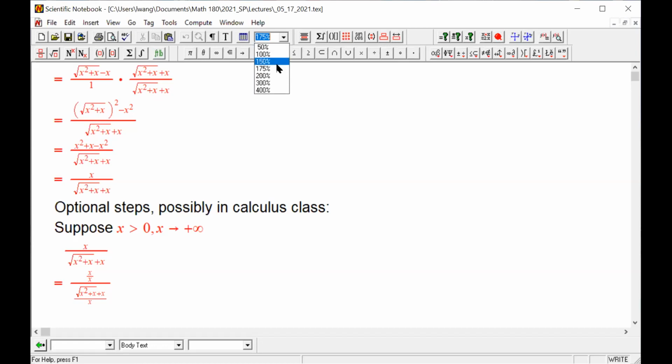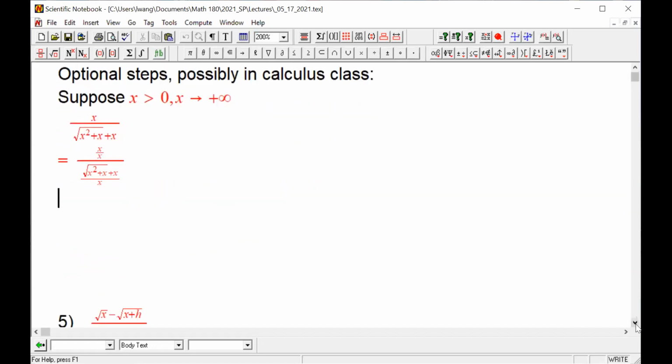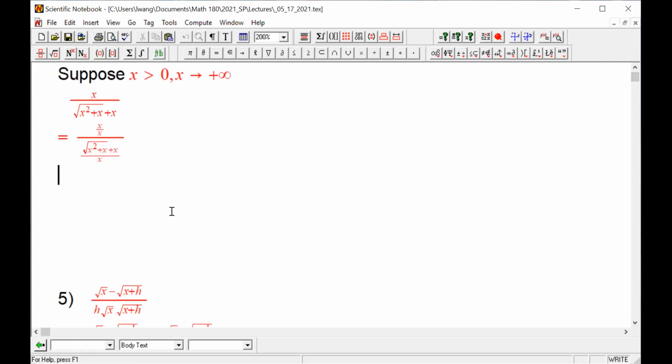Let me make this just a little bit larger in font. So these are the possible algebraic manipulations you may have to do. Now, x divided by x is 1, right?